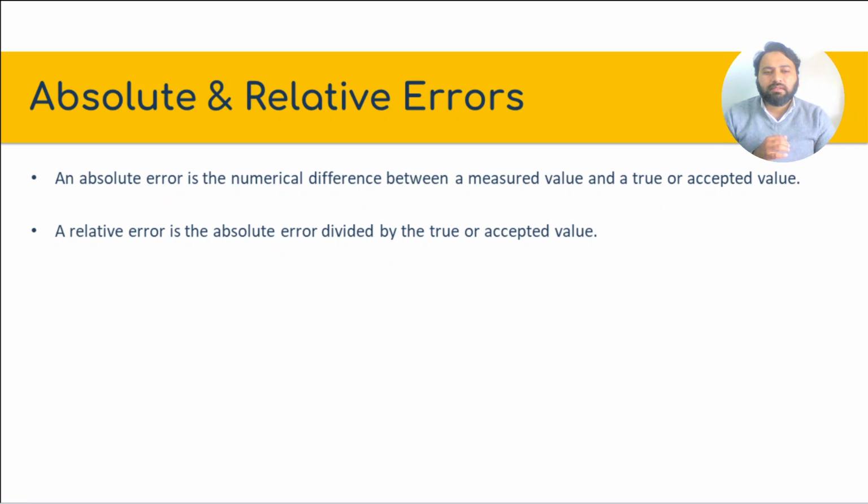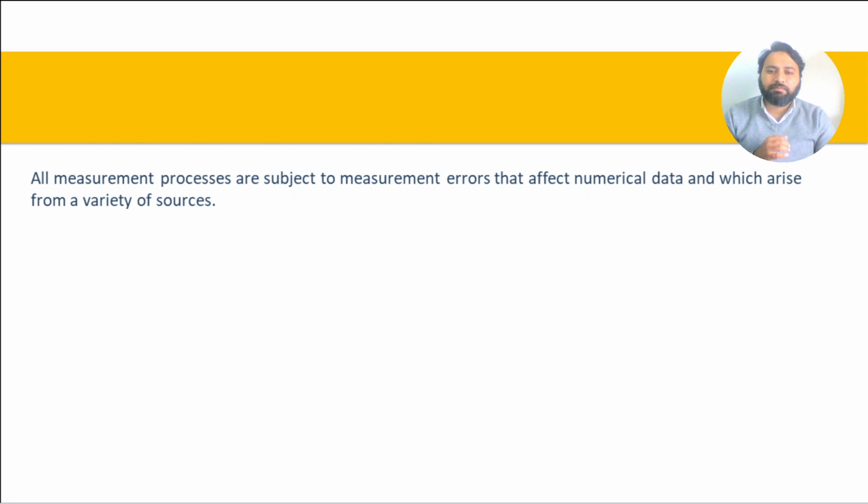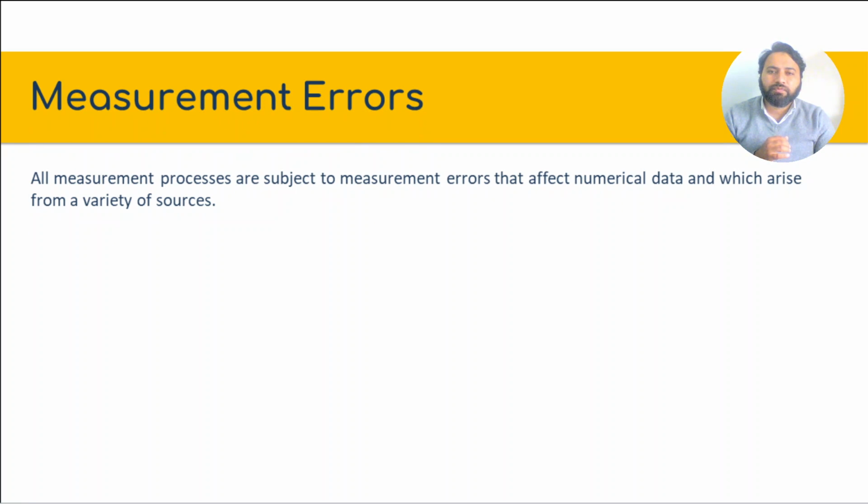Now the next is measurement errors. What are these measurement errors? The causes of these measurement errors are numerous, and their magnitude is variable. This leads to uncertainties in the reported result. All measurement processes in which we measure something are subject to measurement error that affects the numerical data, which arises from a variety of sources.